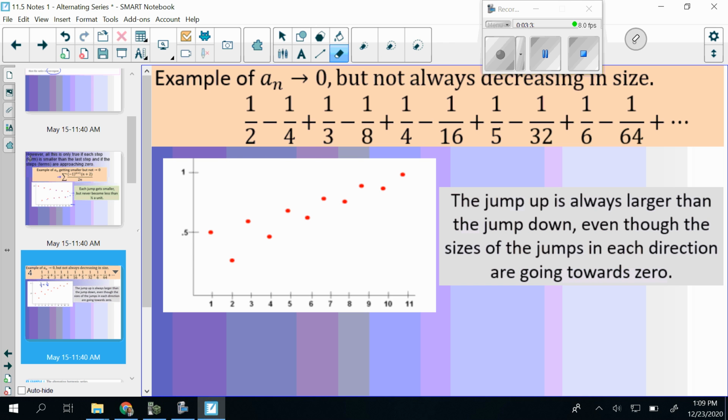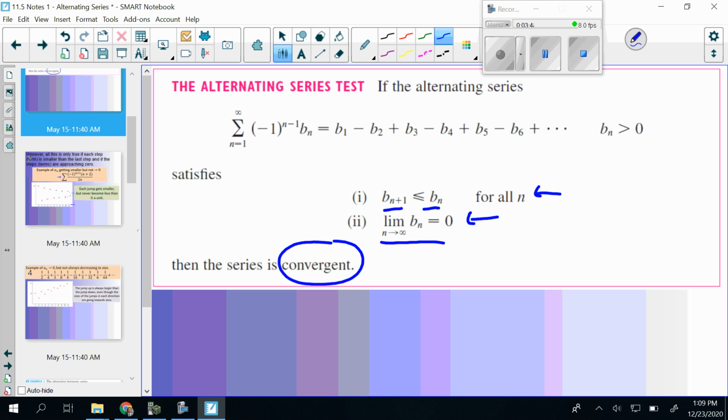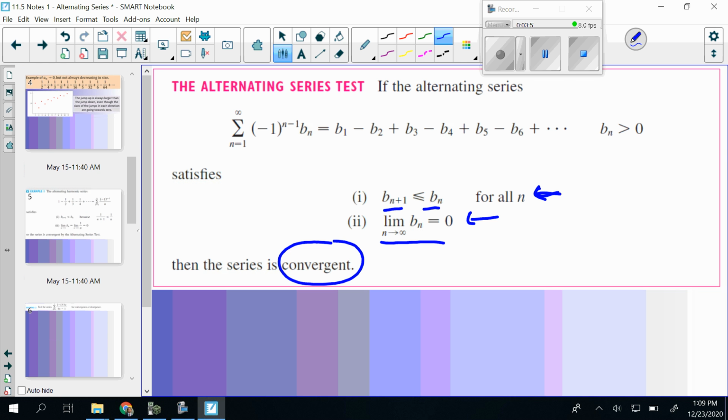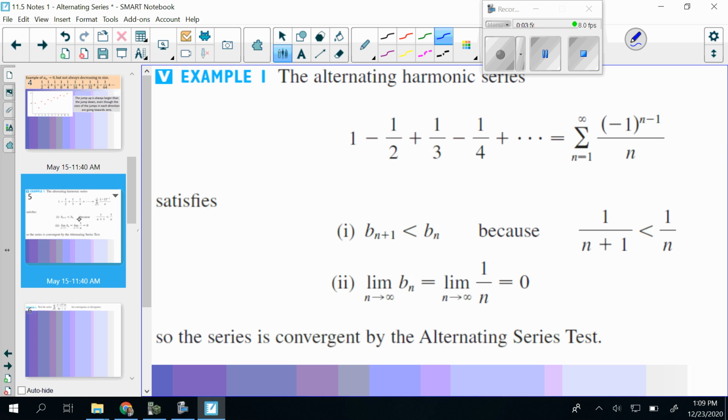But if you look at the next one now, the next term should be smaller than a fourth, and that's not true here. A third's actually bigger than a fourth, so this would not apply. So on this one, even though the limit would go to 0, our terms are not smaller than the one before it, so we can't do that. You just have to make sure you check those things. Otherwise, you could state that something is convergent or divergent when it's not.